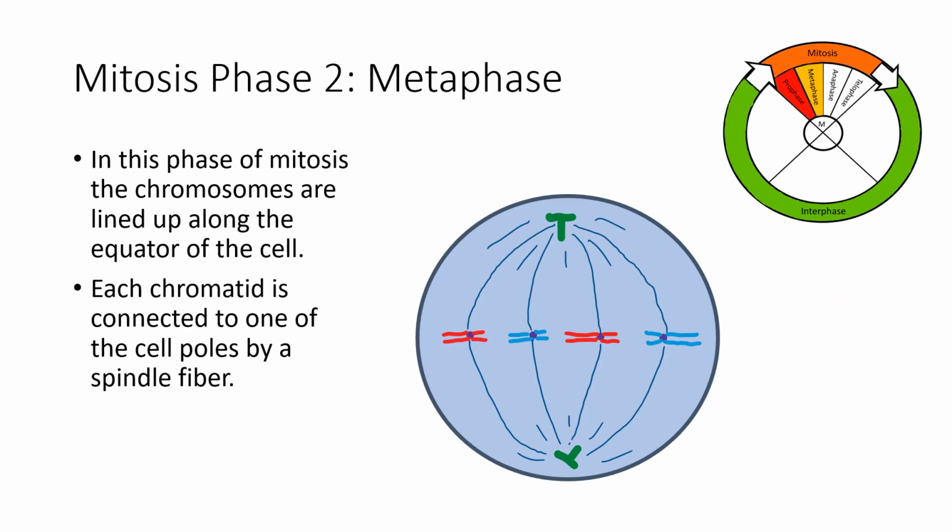Alrighty, phase 2 of mitosis is called metaphase. And during this phase, you see that the centrioles have moved their way to the poles of the cell. You can kind of think of this like a globe on the Earth. You got north and south, and on either side you should have a centriole. And then those spindle fibers have now attached to each one of these chromosomes that are all lined up pretty much down the equator of the cell, or the middle.